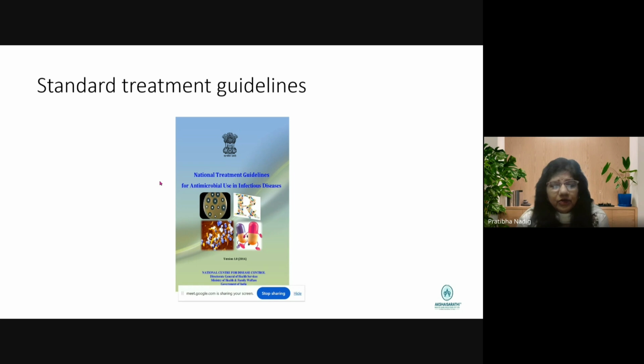Isn't it well known that we depend on JNC 7 or JNC 8 guidelines for treatment of hypertension, or we depend on American Diabetes Association and API guidelines for diabetes mellitus? Likewise, standard treatment guidelines have been derived from the evidence that is generated through a lot of different types of research.